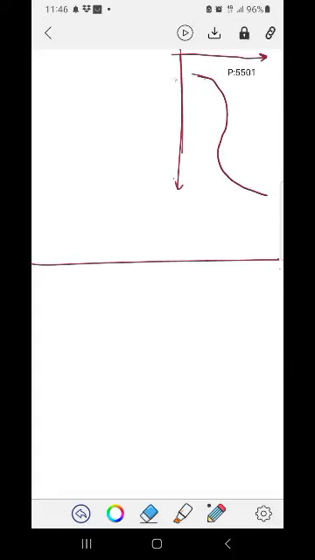So if this is A and this place is B, then this is going to be f(a), and where's my B? It's going to be f(b), kind of. All right, so let's just assume that.